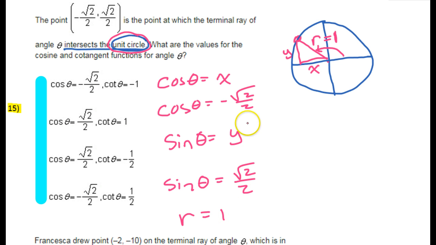So with all that information, we should be able to find any trig function. So let's see. They're asking us for cosine and cotangent. So we've got cosine right from the beginning because that was x. So now let's find cotangent.